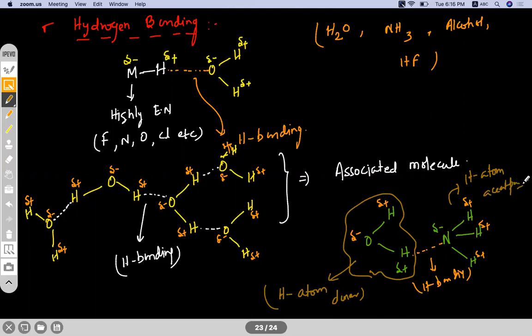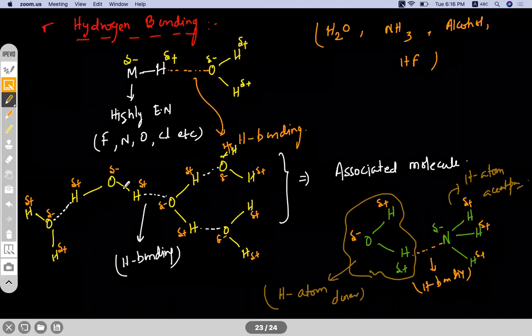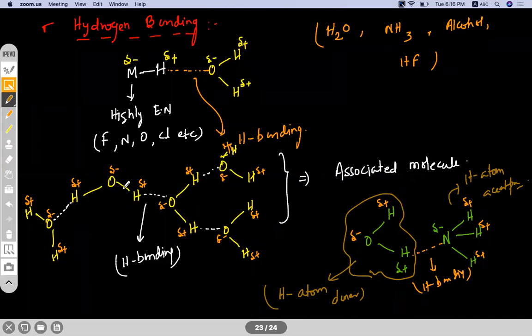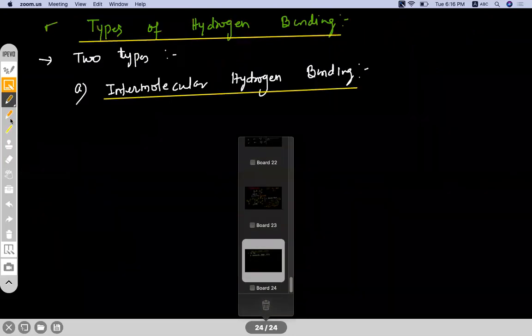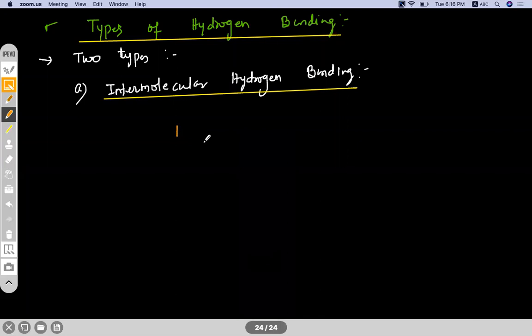So when we have two different hydrogen atom donor and acceptor molecules, different or same, this is intermolecular hydrogen bonding. Write down the example: between H2O and NH3.